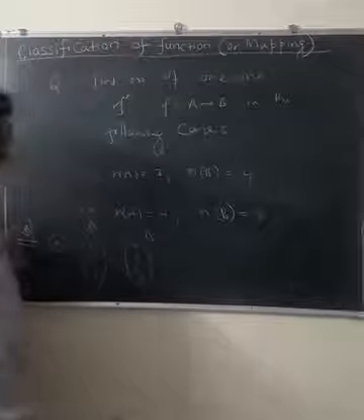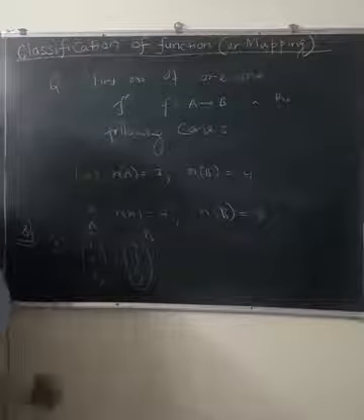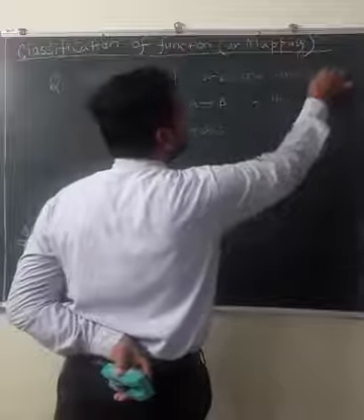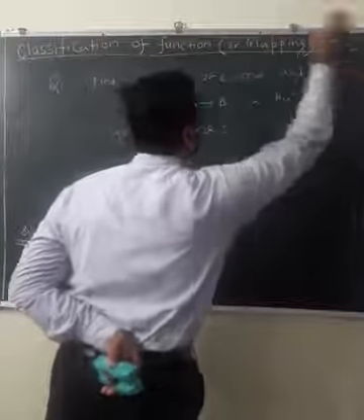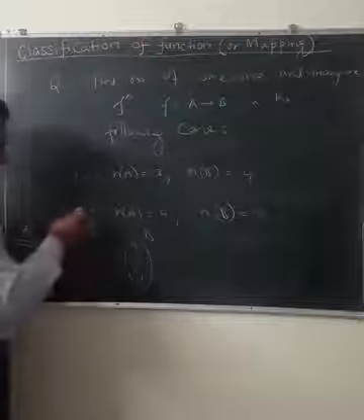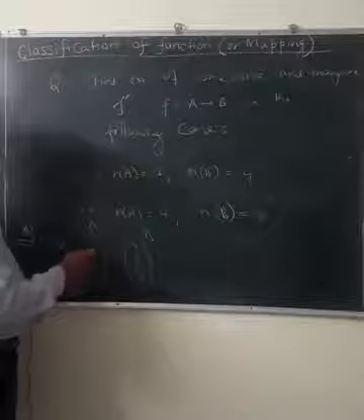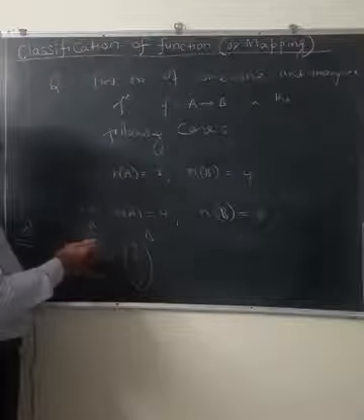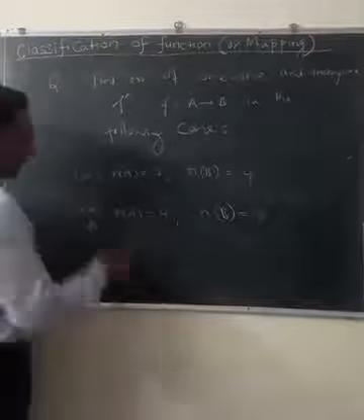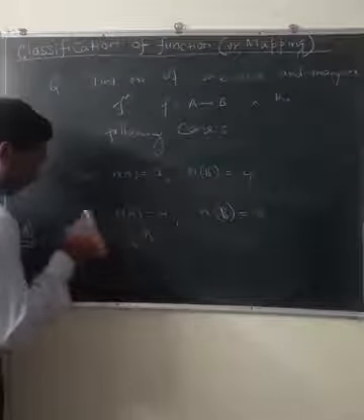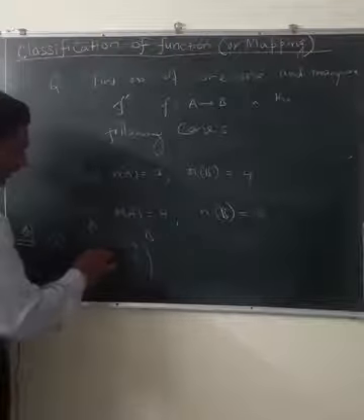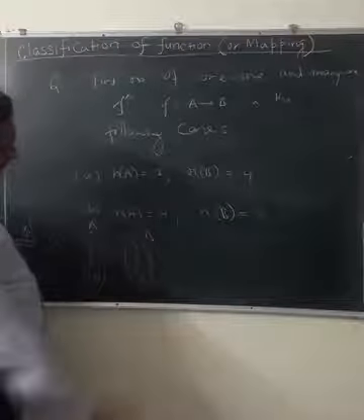Are you getting my point? All have different images. So if there are 3 elements, then this function must have 3 images. To select any of these 3, for any counting of a function, we are taking this as a place.